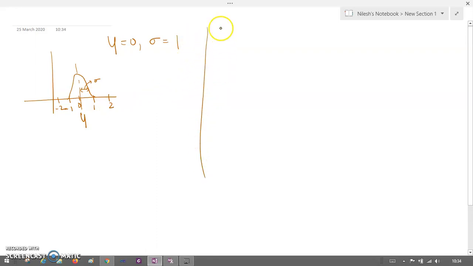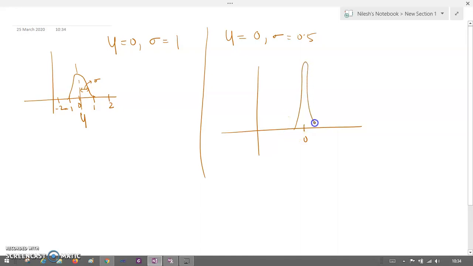In the same way, if my mu is 0 and my sigma is 0.5, then the same graph is going to change a little. I cannot draw it properly, but this is going to be 1, this is going to be 0.5, and this will become your sigma, and this will become your mu.